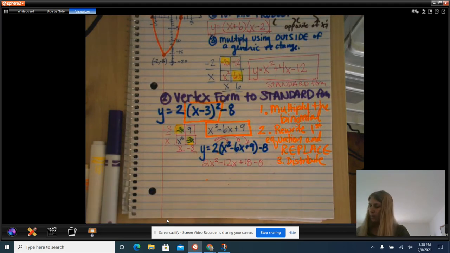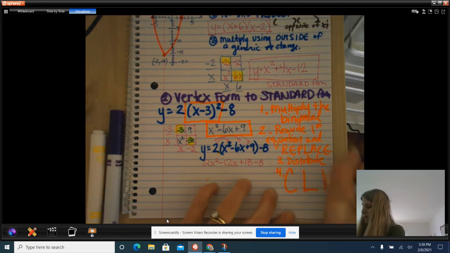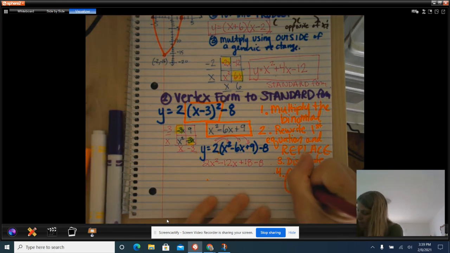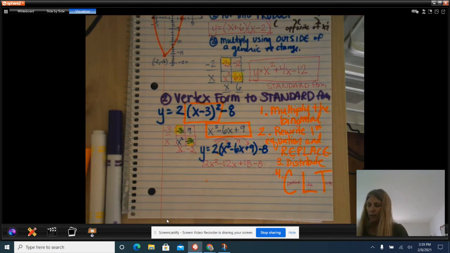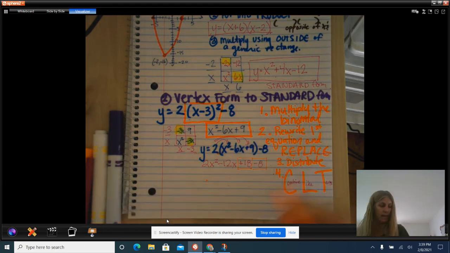Okay, step number 4 is CLT, combine like terms. So as you can see, the only two that we have that are like terms that aren't combined yet are our constants at the end.